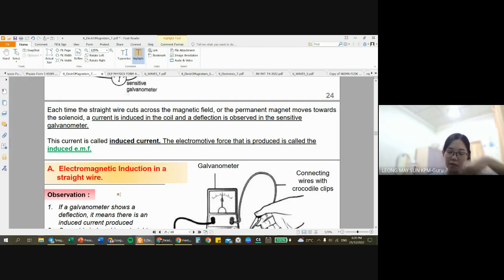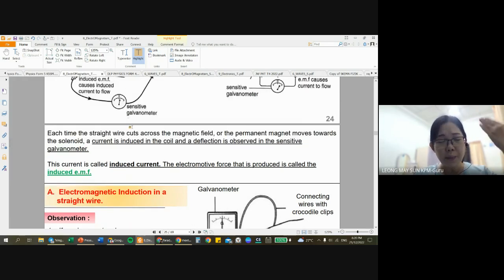Because in chapter 3 on electricity, in order for current to flow, you need to have a potential difference. In the previous chapter on electricity and the magnetic field it induces, there is a power supply. But in electromagnetic induction, there's no power supply.